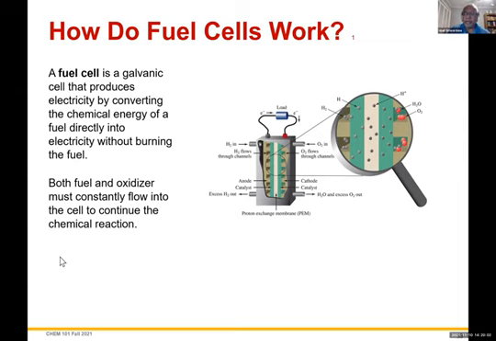Unlike in a battery, where the chemicals are limited by the makeup of the battery, this is continuously replenishing the chemicals, just like you burn gasoline in the car continuously. Hydrogen and oxygen pass through the fuel cell and produce energy. So they have the highest energy density. Therefore, fuel cells could work better than conventional batteries.